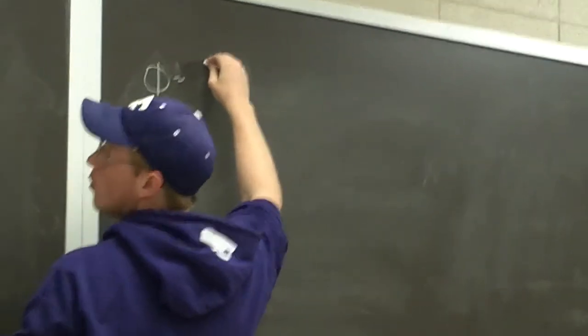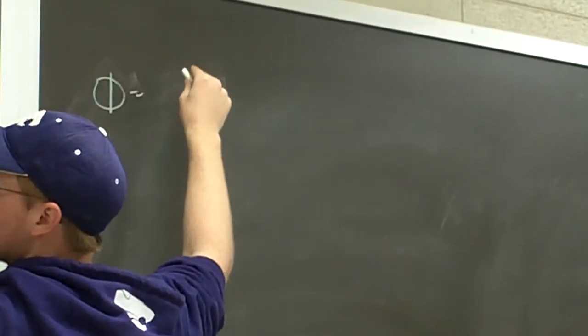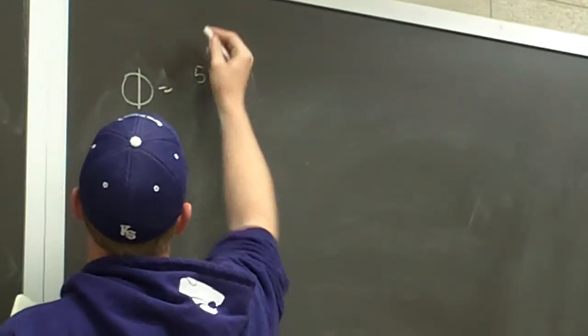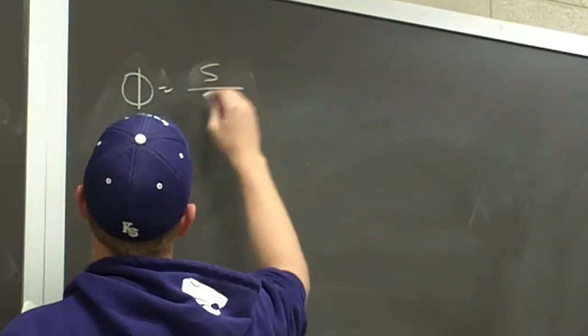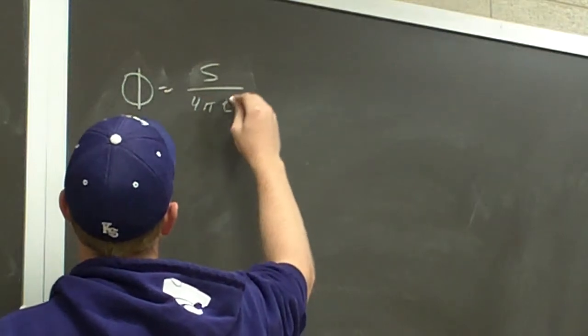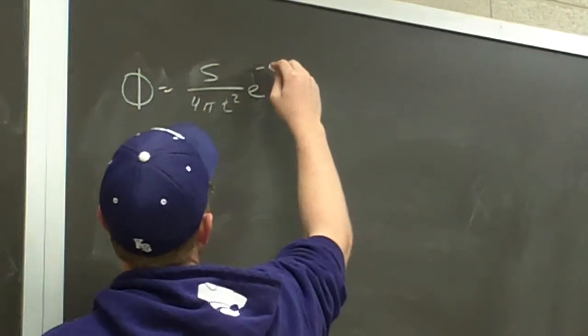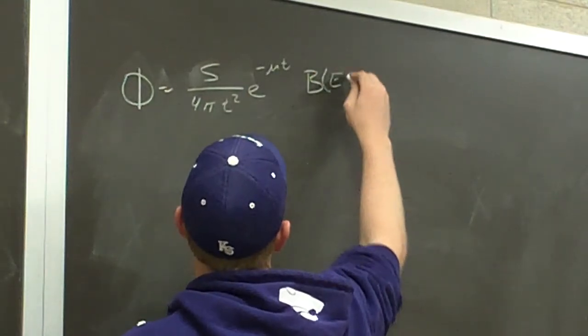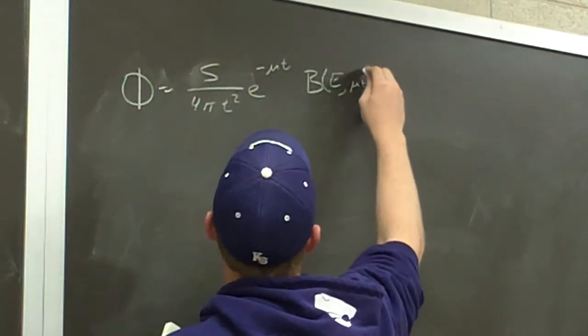So flux is going to equal, this is a point source, our distance doesn't change, we don't have to integrate anything. So put our source strength over 4 pi t squared, e to the negative mu t, times the buildup factor at our energy times mu t.